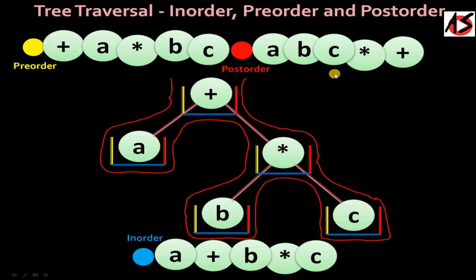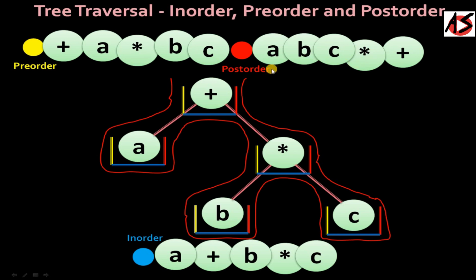When the computer handles this post-order form, it takes the operands and operator, and once it finds an operator, it takes two operands and does the multiplication first.